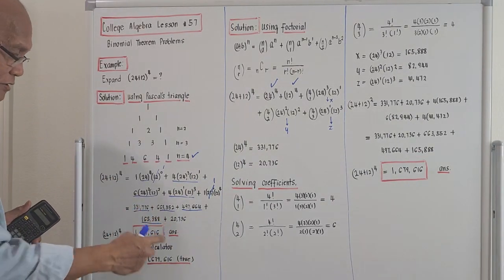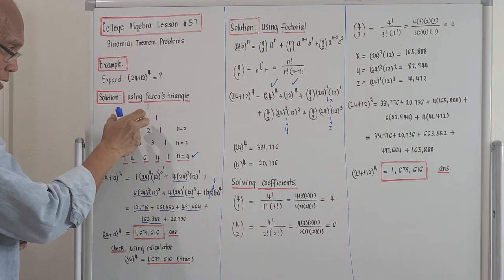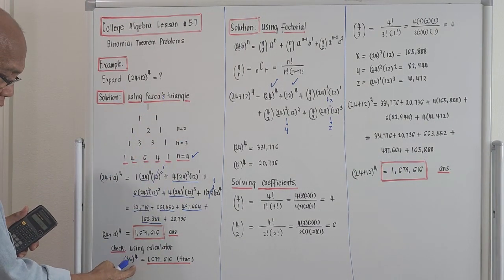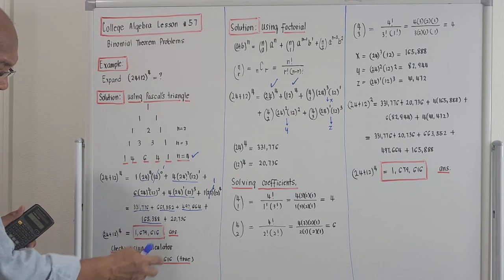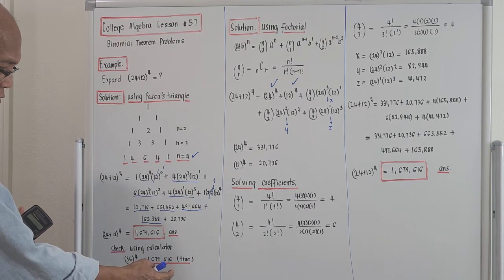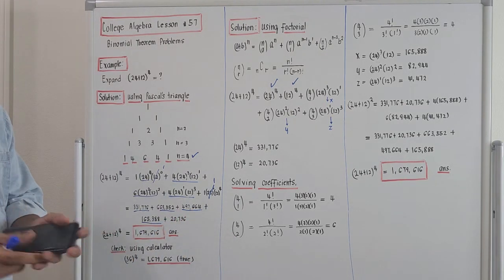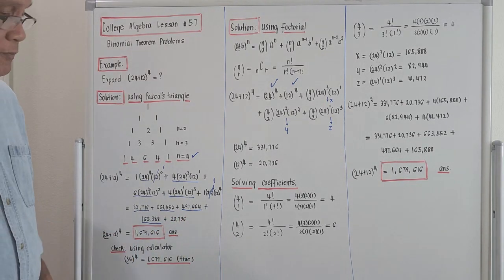It's the same as the answer using the binomial solution with Pascal's triangle. So if we expand this using the calculator, 1,679,616, same as this one. Hallelujah.